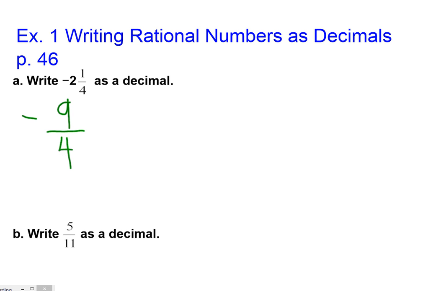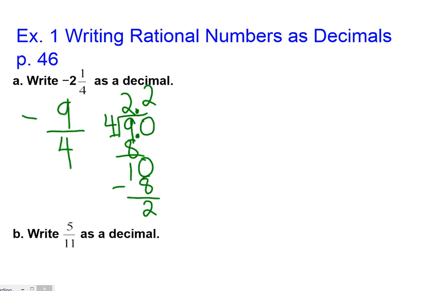So 4 goes into 9 twice. Subtract 8, you have 1 left over. And since we have 1 left over, we need to add a decimal point and bring down a 0. 4 goes into 8 2 times as well. Subtract 8 and you get 0... sorry, 2 left over. Add another 0 and bring it down. 4 goes into 20 5 times.